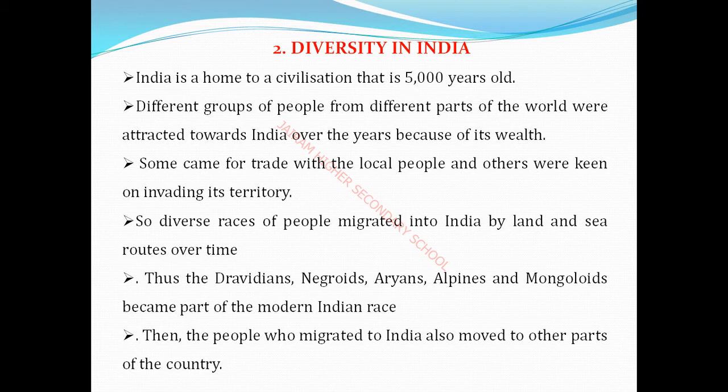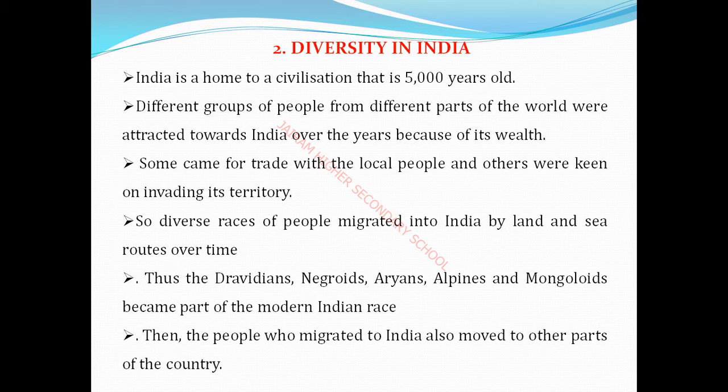Some came for trade to our country and mingled with the local people, and others had a keen interest in invading our territories. So for this they started to settle in our nation. Diverse races of people migrated into India in two ways. One is by land, and another is by waterways, that means sea routes.